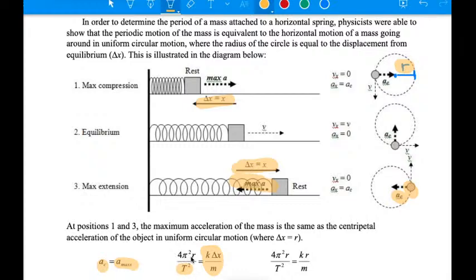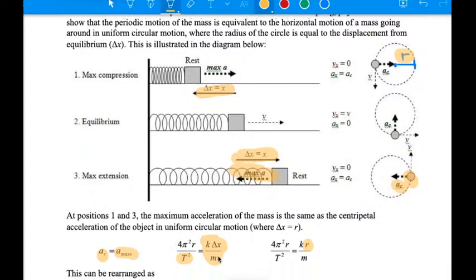So 4 pi squared r over period squared will leave us with this formula. And radius is equal to our displacement from equilibrium.